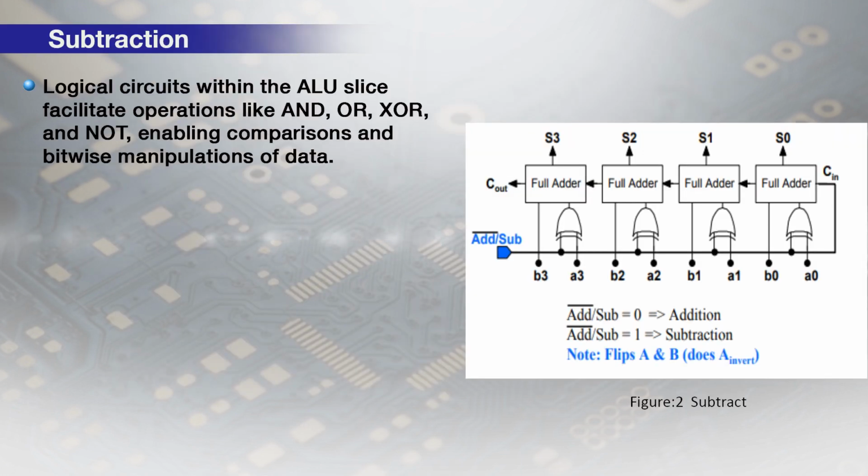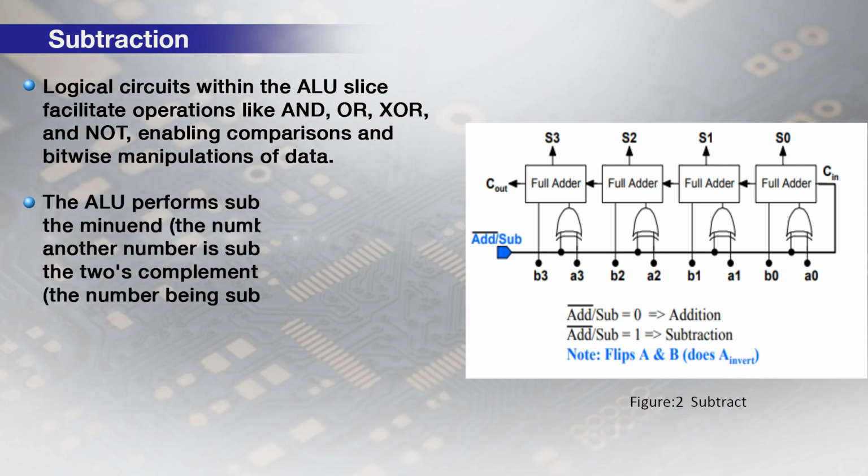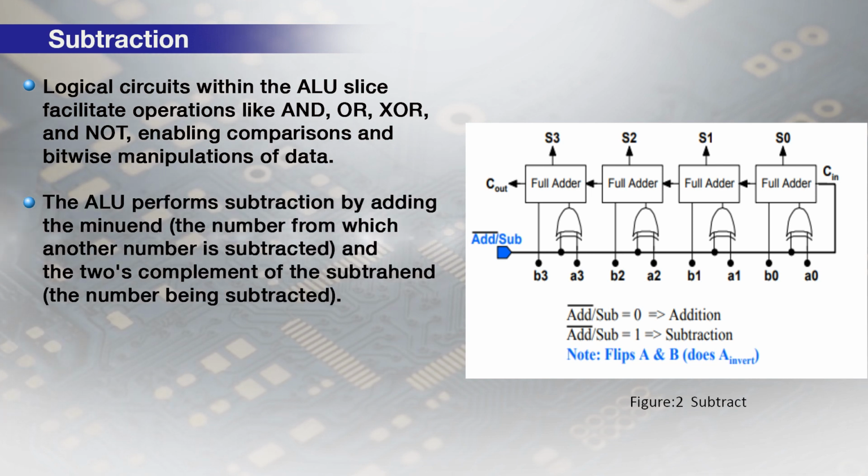Integer subtraction in an arithmetic logic unit is typically executed using a combination of addition and 2's complement arithmetic. The ALU performs subtraction by adding the minuend and the 2's complement of the subtrahend, the number being subtracted.